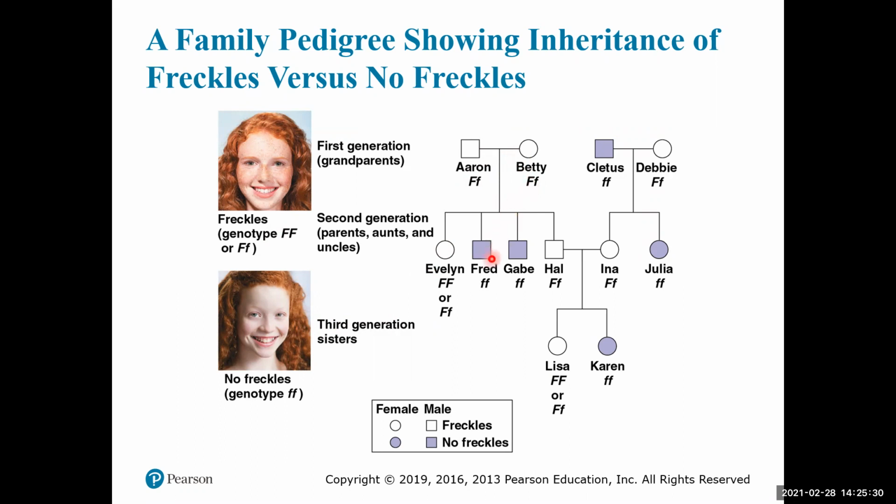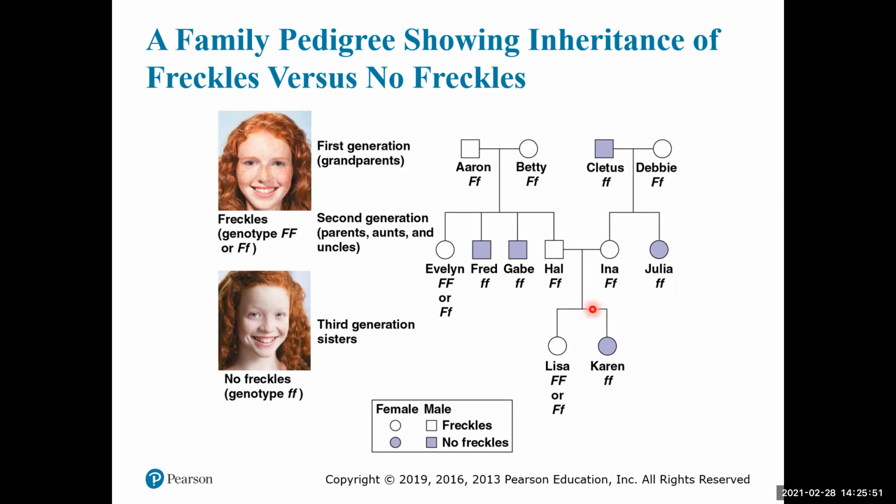Their offspring, Fred, Gabe, Hal, and Evelyn, will have specific genotypes based off of their parents' phenotypes. Okay, and what we can do is we can look at these relationships and we can deduce what those genotypes are.